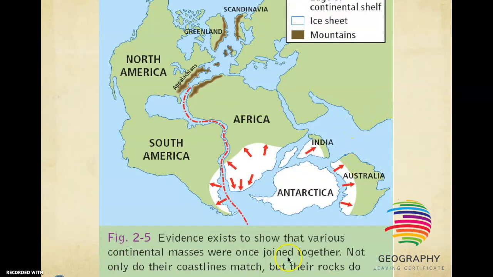So this was the idea that Alfred Wegener had, where it was a jigsaw fit. They fit together like a jigsaw, and he was able to match up the glaciation, striations, the ice sheets, the mountains, to support his proof.